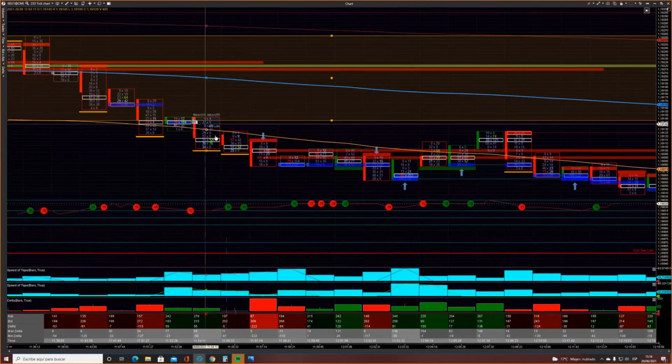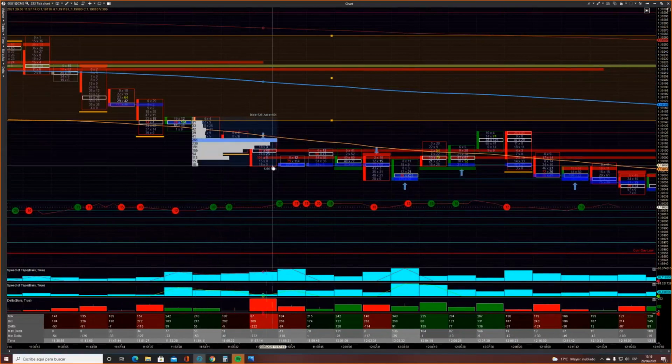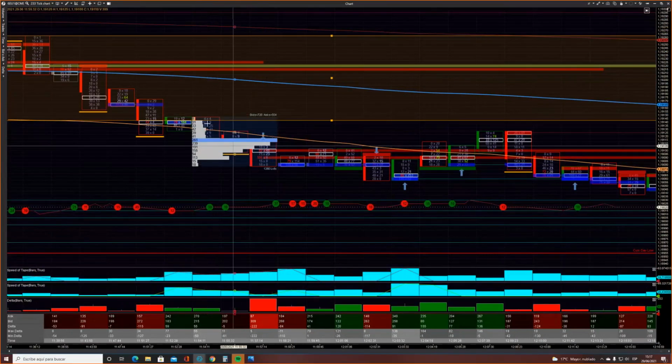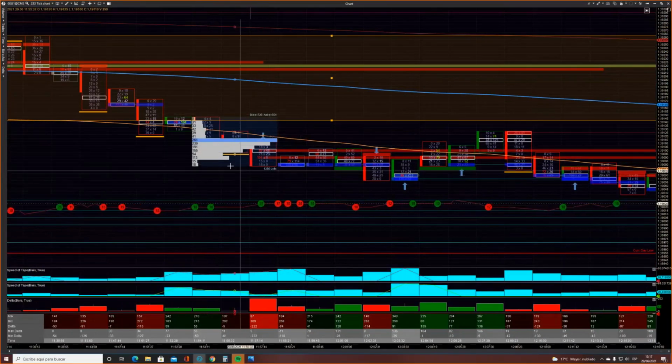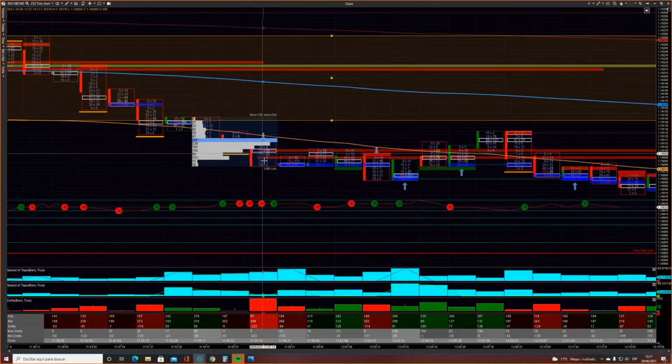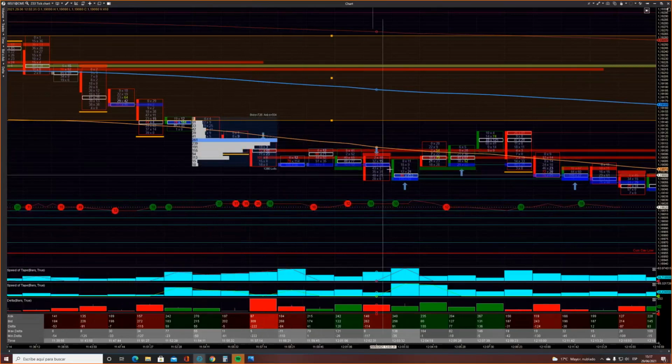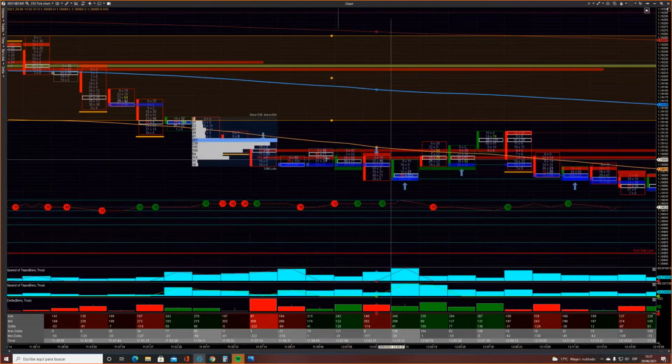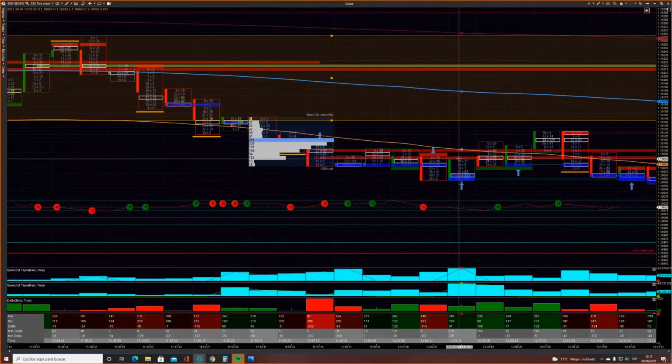What I like to do is see how the volume is on this movement. You can see this is the stopping volume on this candle. You can see how big the selling was in this area. This is why we have this red line, because there are imbalances in the market.